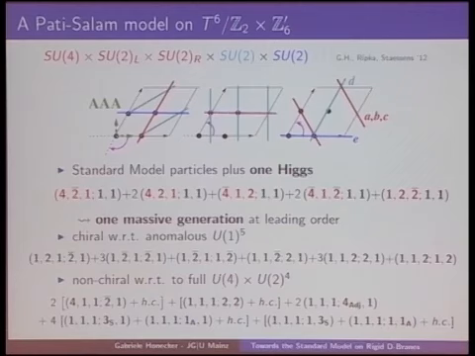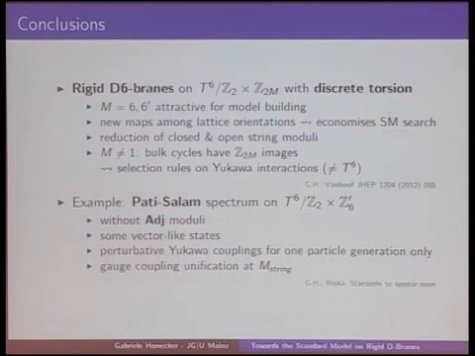So at leading order in perturbation theory, there's only 1 massive generation, like in the talks by Angel Uranga, for example. You see there's still some bunch of non-chiral stuff we have at the moment, but you see that there's a drastic reduction in terms of what is on the QCD stack. That's the only thing that has a QCD charge.